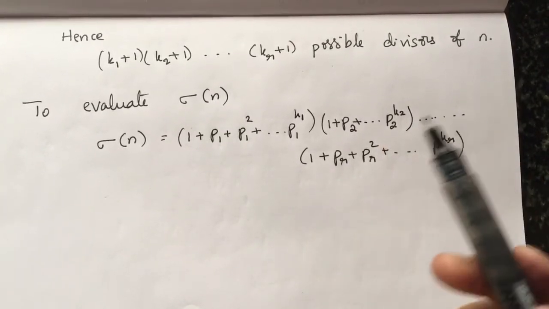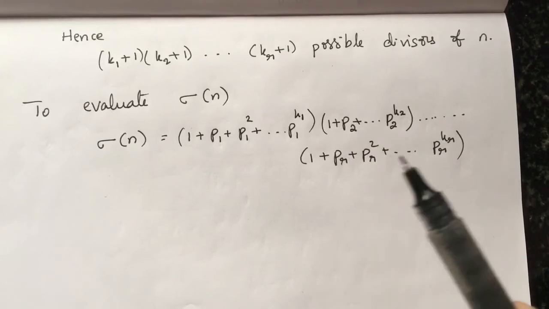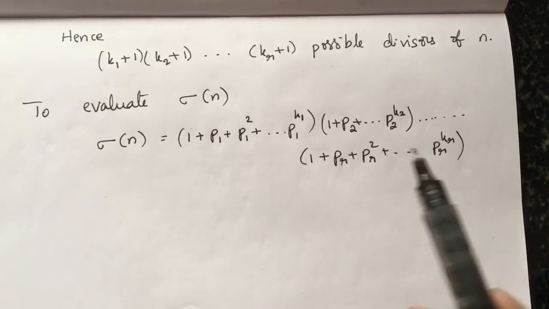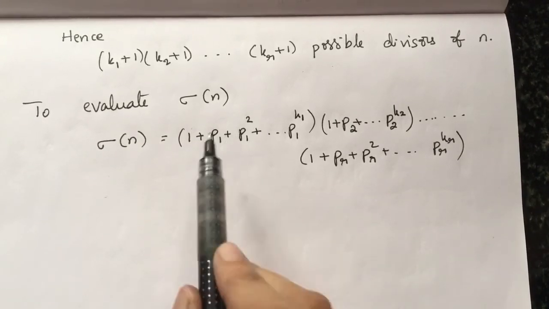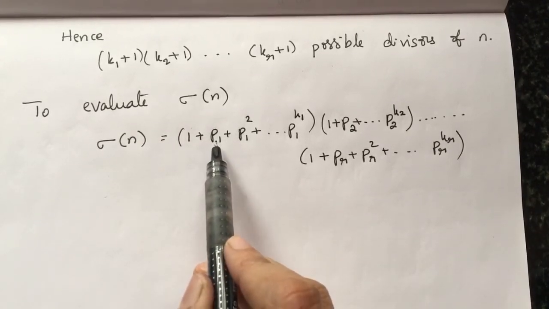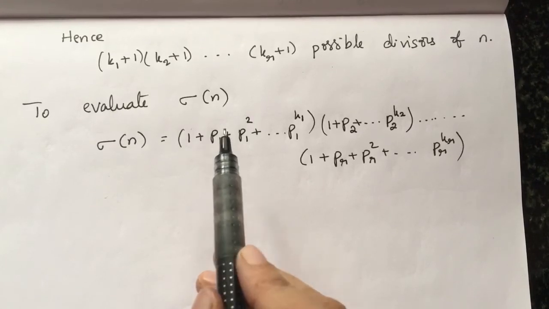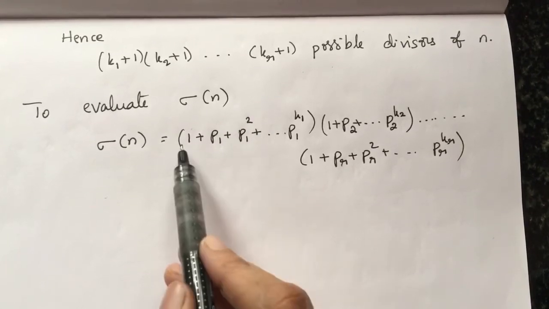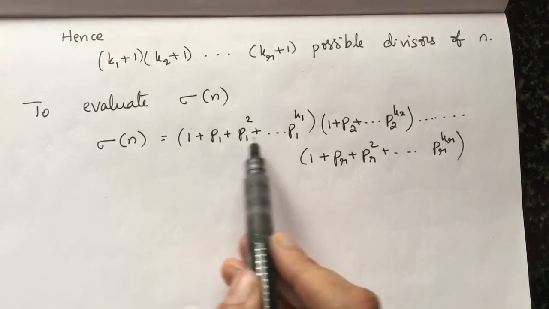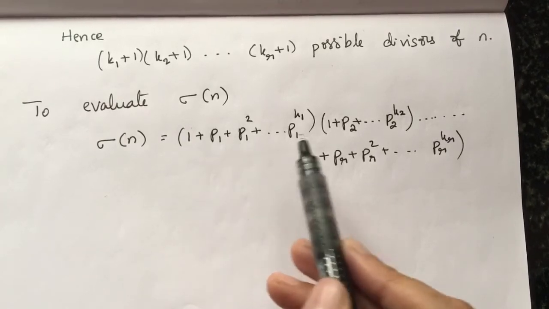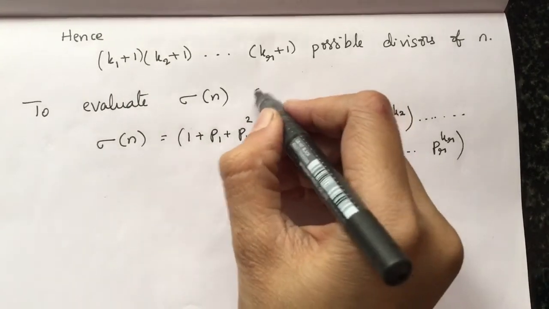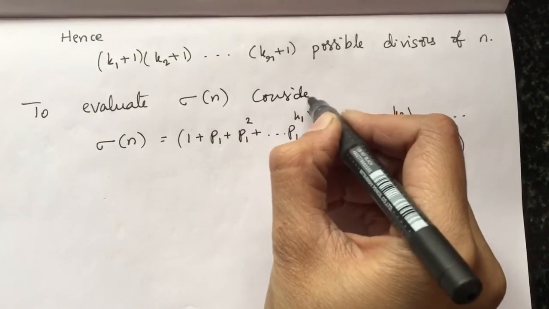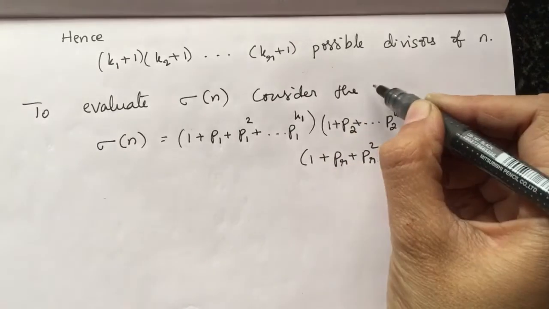I don't know how many times it is appearing. I have to add all of them, so if a prime p1 appears 3 times, I have to add them to get sigma of n. So I'm just considering this product.